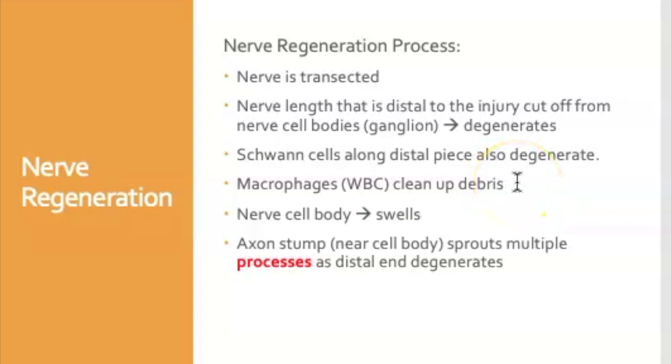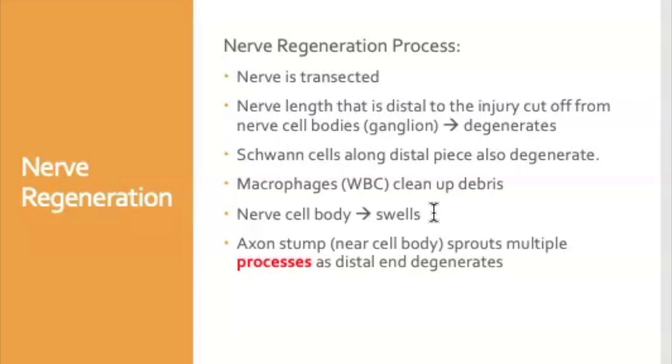The end of the cut nerve that has the neuron cell body attached to it is going to undergo a change. And the most noticeable thing that first happens is it swells up. Now, it's likely that the reason it swells is because it becomes suddenly very metabolically active.